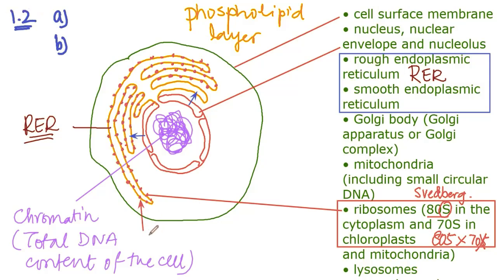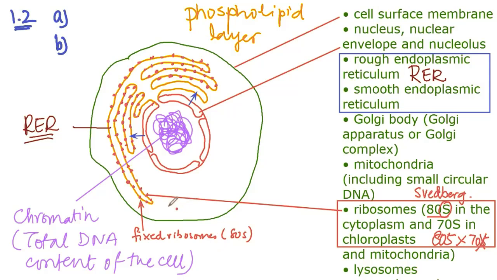The type of ribosomes which are attached on the RER are called fixed ribosomes. These 80S fixed ribosomes synthesize proteins and then those proteins are exported out.